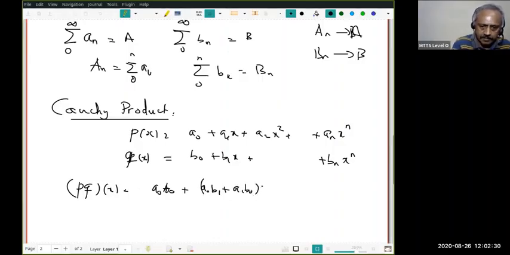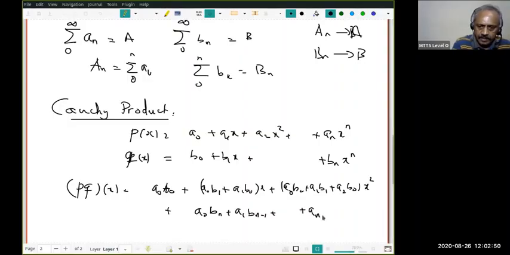The x squared term will be a naught b2 plus a1 b1 plus a2 b naught. And the general term will be a naught bn plus a1 bn minus 1, etc., an minus 1 b1 plus an b naught, times x power n.